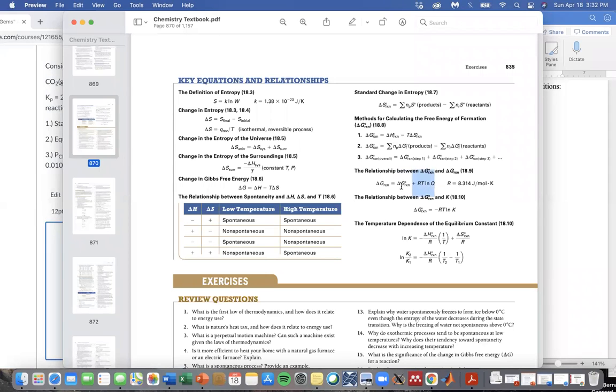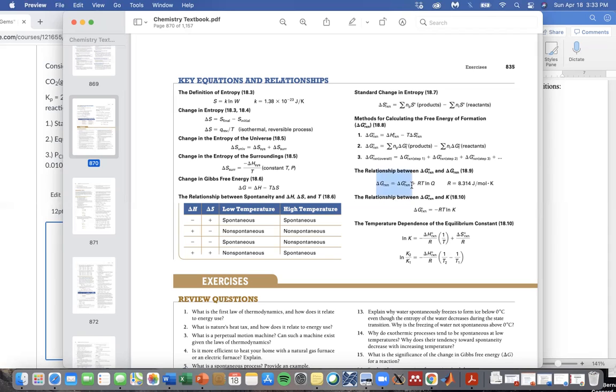So we now have delta G equals delta G standard. That should make sense, because delta G standard is the delta G at standard conditions. But I think it's easier to keep in mind that you're not working at equilibrium right now.